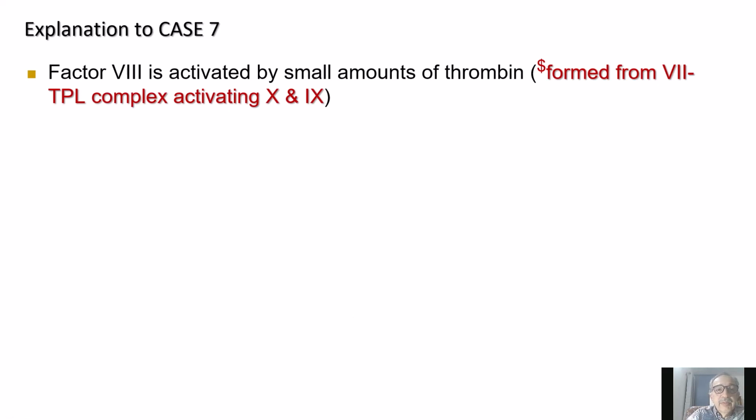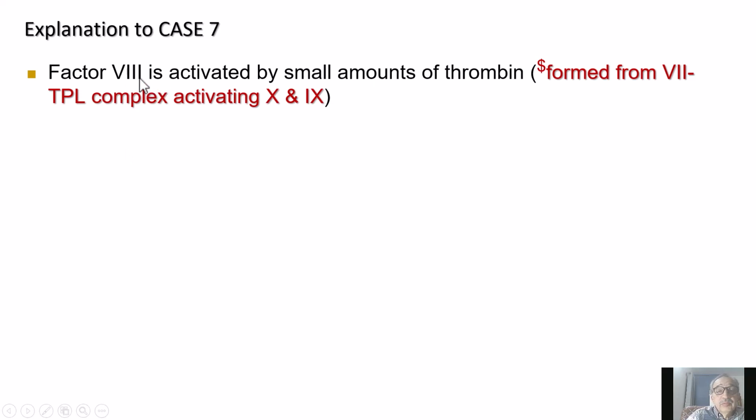Explanation to case 7. Let's slightly digress from the case to a more comprehensive discussion of clotting and look at it from a different view. That is the cell-based concept of coagulation, which explains the importance of factor 8 in more detail, where factor 8 becomes a hero.